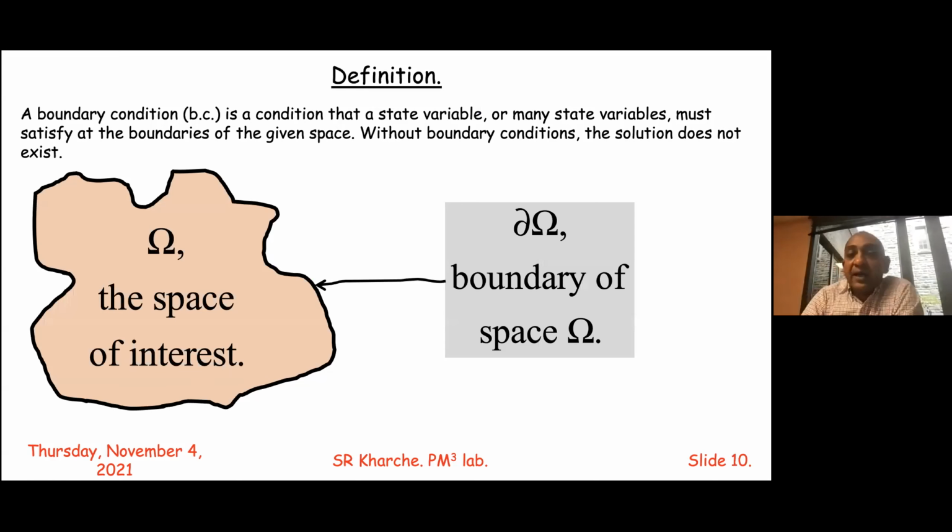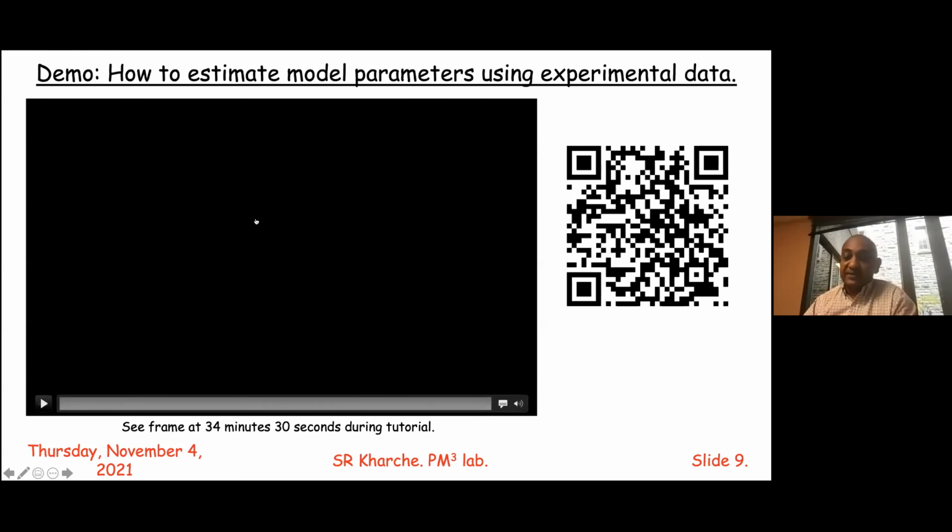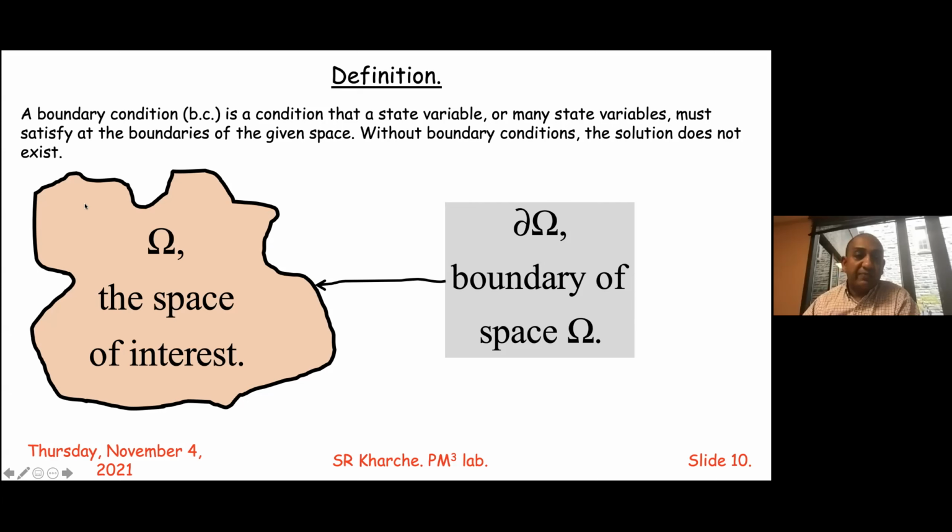Coming back to the discussion that we are having today about boundary conditions. A boundary condition, in words, is simply a condition that a state variable or all state variables must satisfy at the boundary of a given space. So for example, if this pink region is the inside of your aorta, then there may be certain equations called Navier-Stokes equations or some other equations that describe how the blood flows in this pink region.